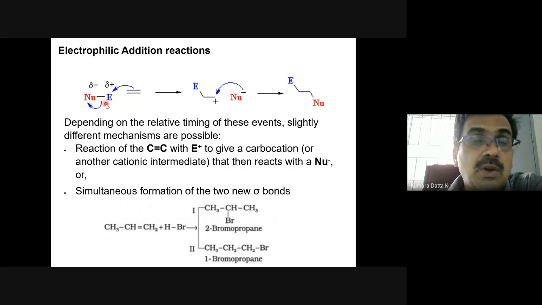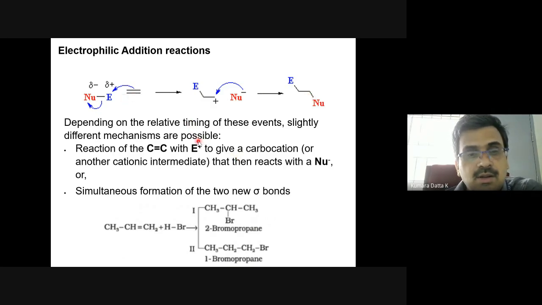OH minus is the nucleophile, H plus is the electrophile. As simple as that. In electrophilic addition reactions, you take a double bond and mix it with a nucleophile which is bonded to an electrophile. The electrophile is added and the nucleophile adds to the other side. So it is saturated.